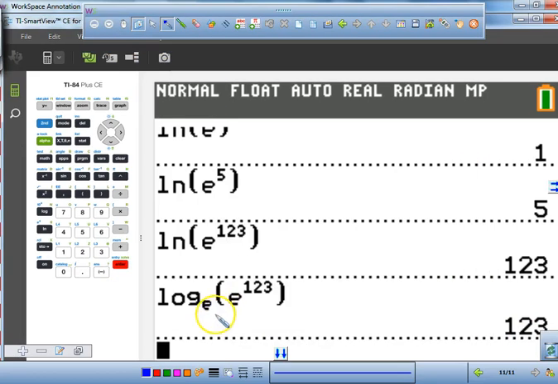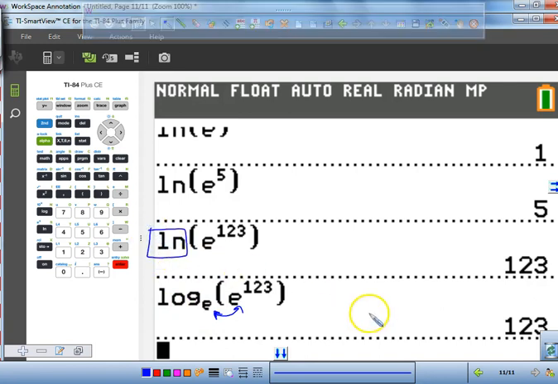Does everybody see how these right here are the same base? Okay? But instead of having to write log base e, what's all you have to write? ln. ln stands for the natural log. So just remember, if I say ln, that's the same as saying log base e.